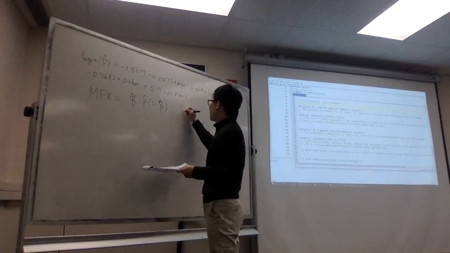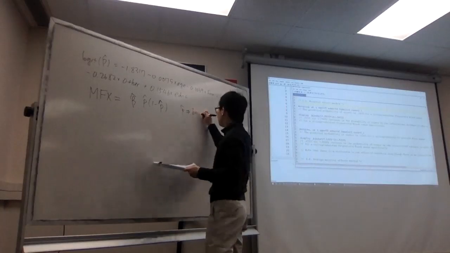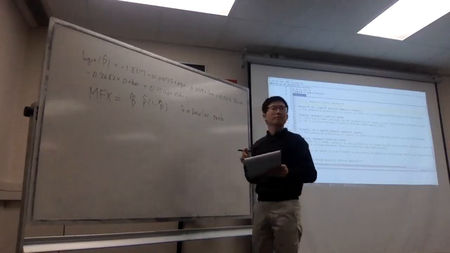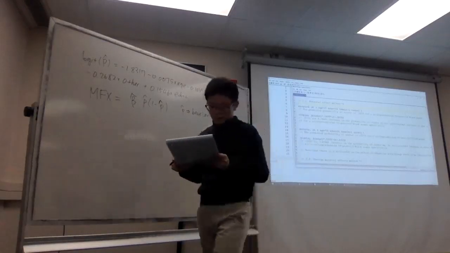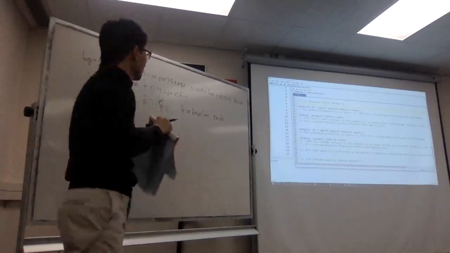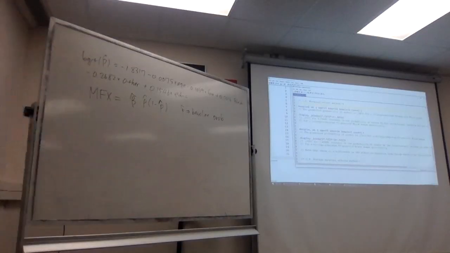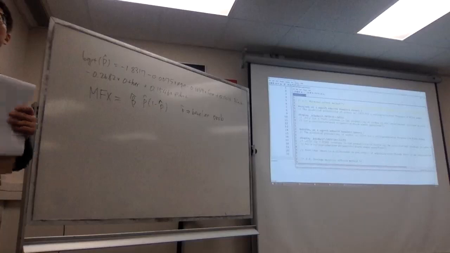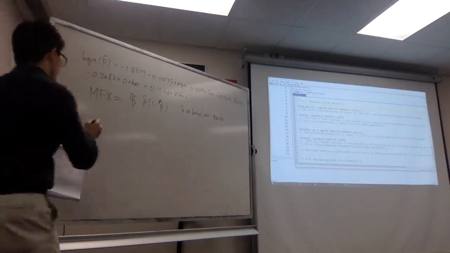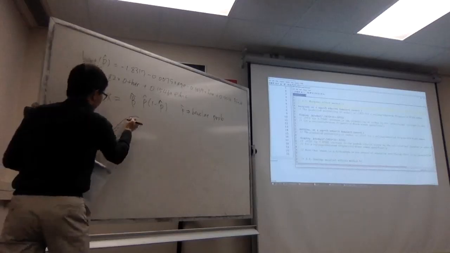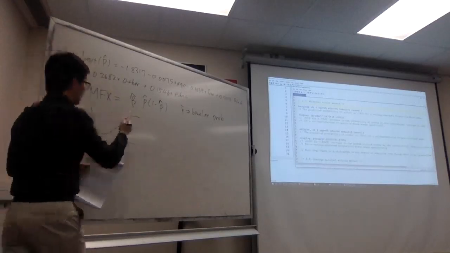So where P is the baseline probability. The marginal effect is basically the slope of the tangent of the nonlinear curve.